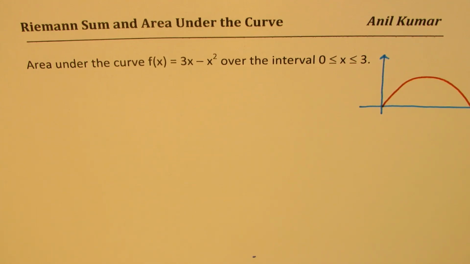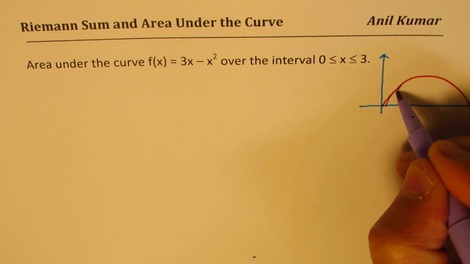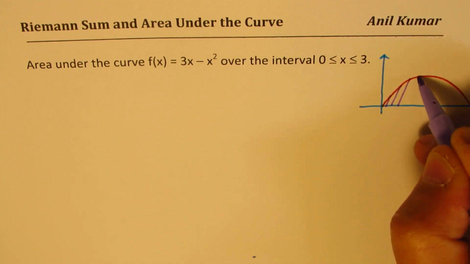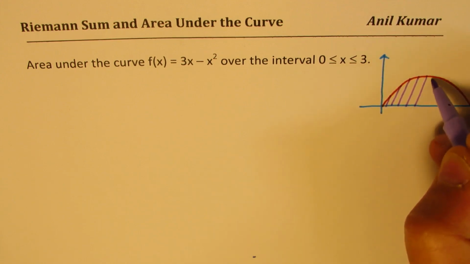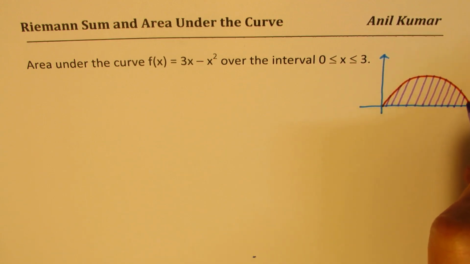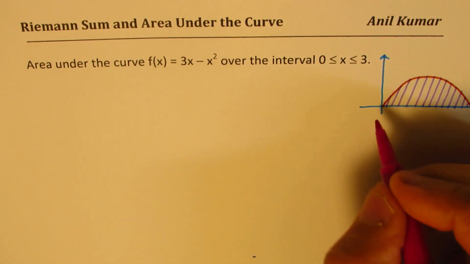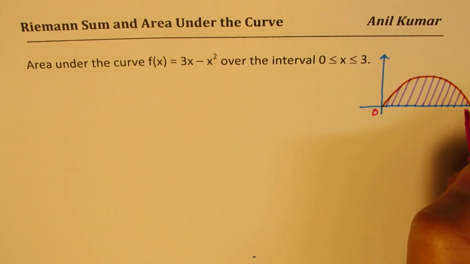Here we are trying to figure out the area under the curve from 0 to 3. So this area. Now these points for us are 0 and 3.